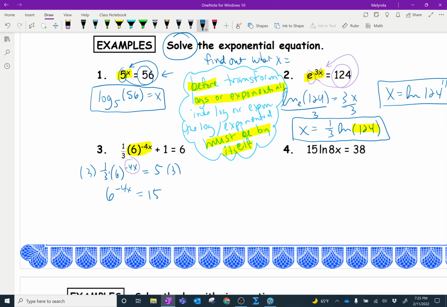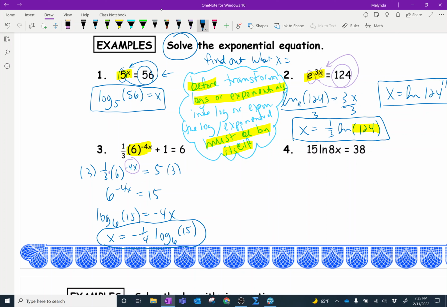So I divide both sides by negative 4, and I get x is negative 1/4 log base 6 of 15. If I wanted to, I totally could pull this negative 1/4 up into the exponent, but I am happy just leaving it like it is.